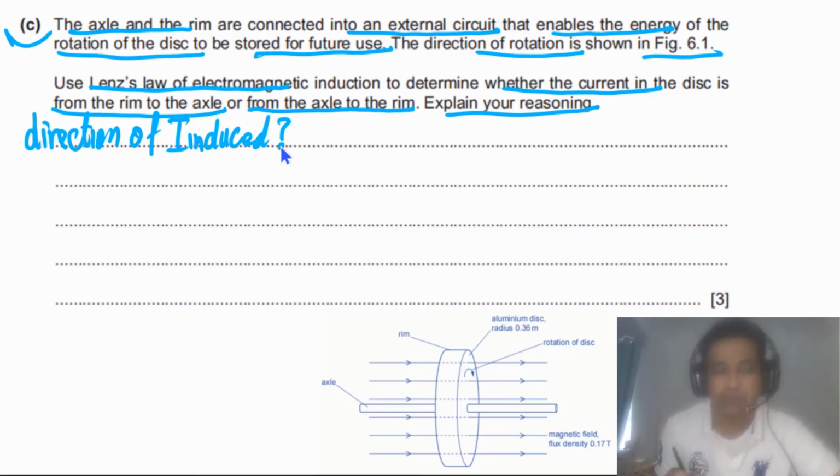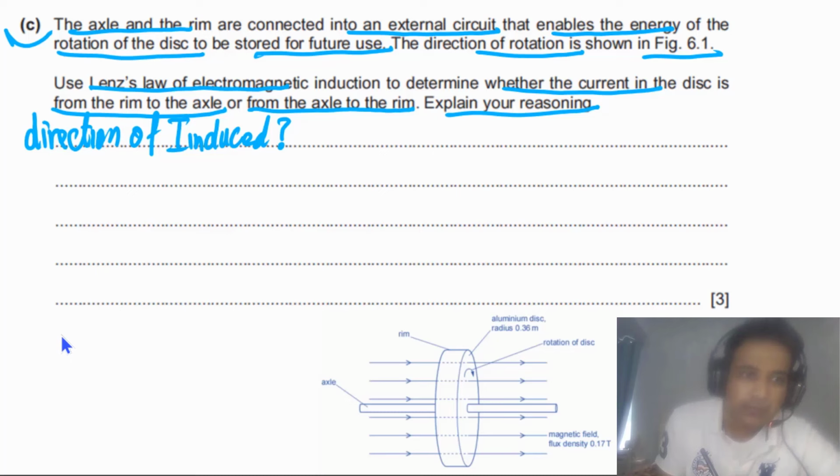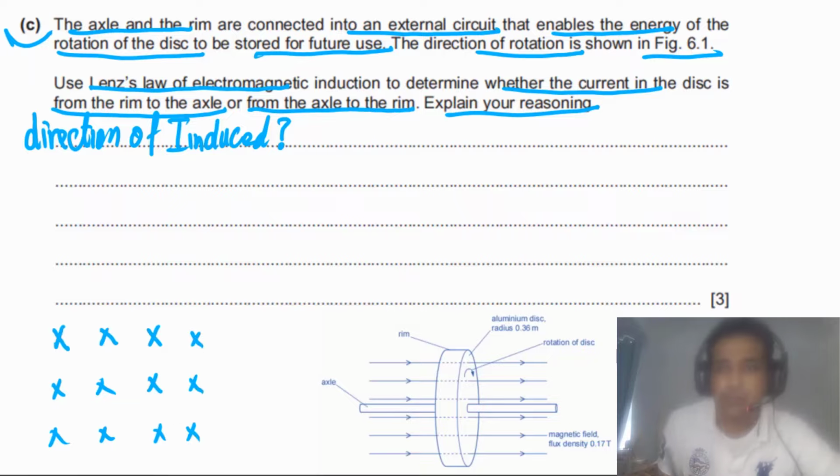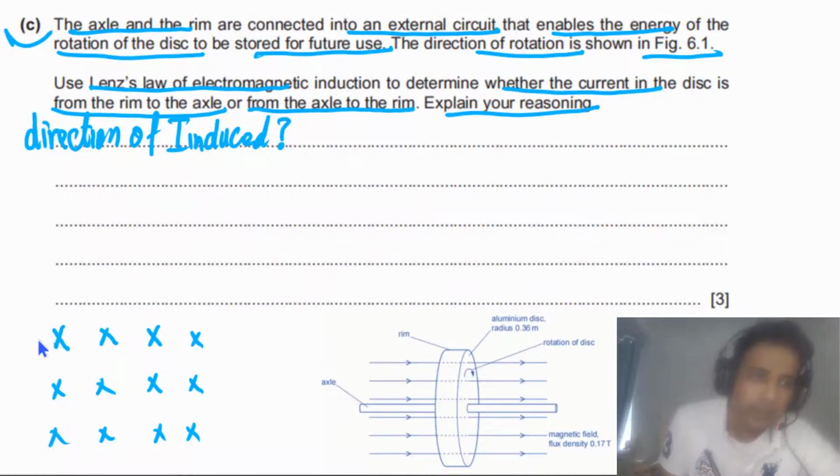Let's try to understand this one with the help of one simple example. Imagine that we have a magnetic field. These crosses are representing the magnetic field, so in this case our magnetic field is into the page. Now we can also imagine we have a rod placed inside this magnetic field.